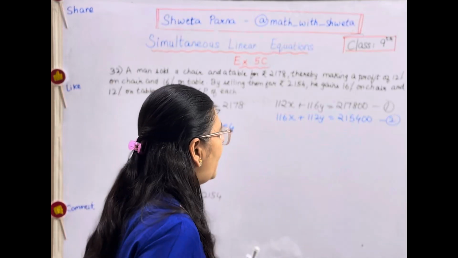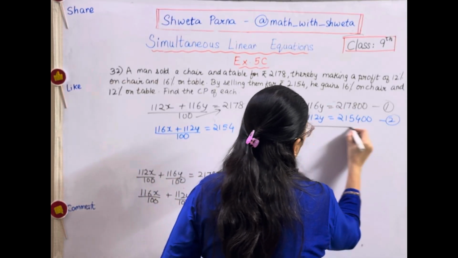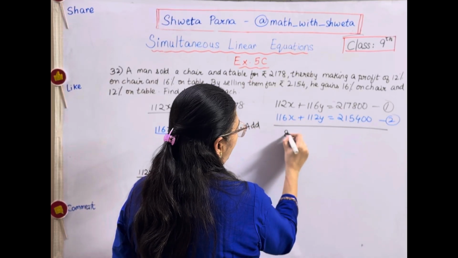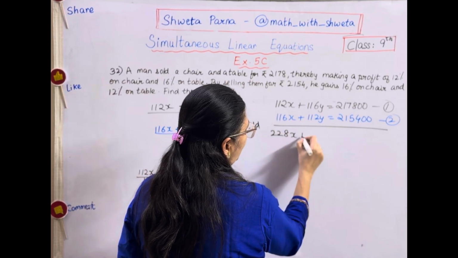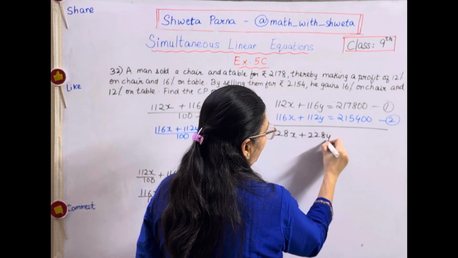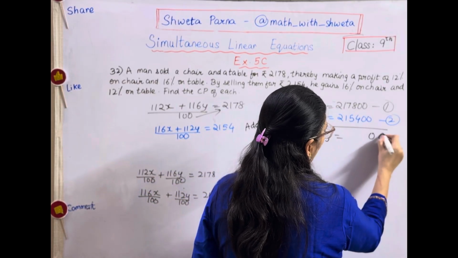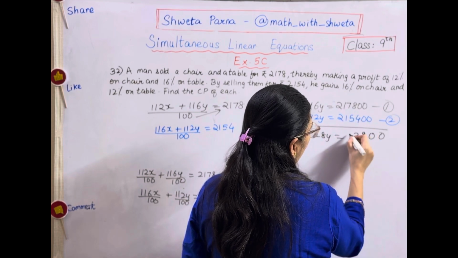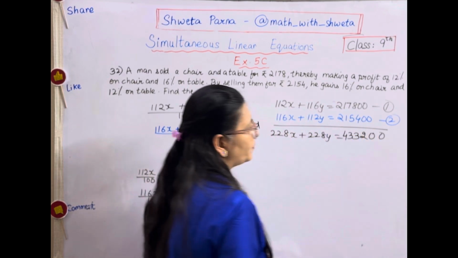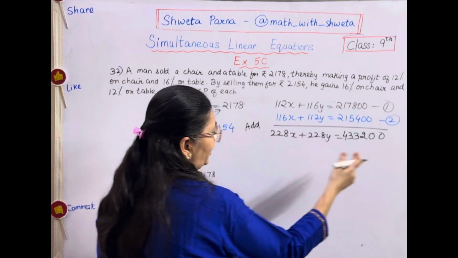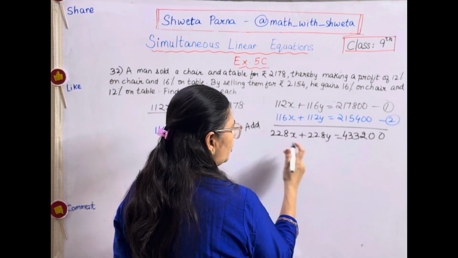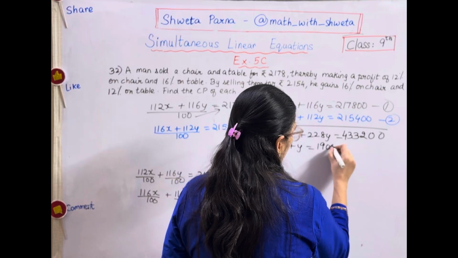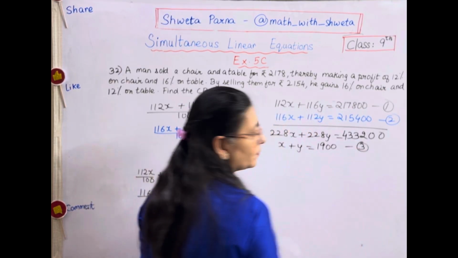Come on, let's add both of them first. So 228x plus 228y is equal to 433200. Now divide by 228, you will get a smaller equation. So x plus y is equal to 1900. This is the third equation.